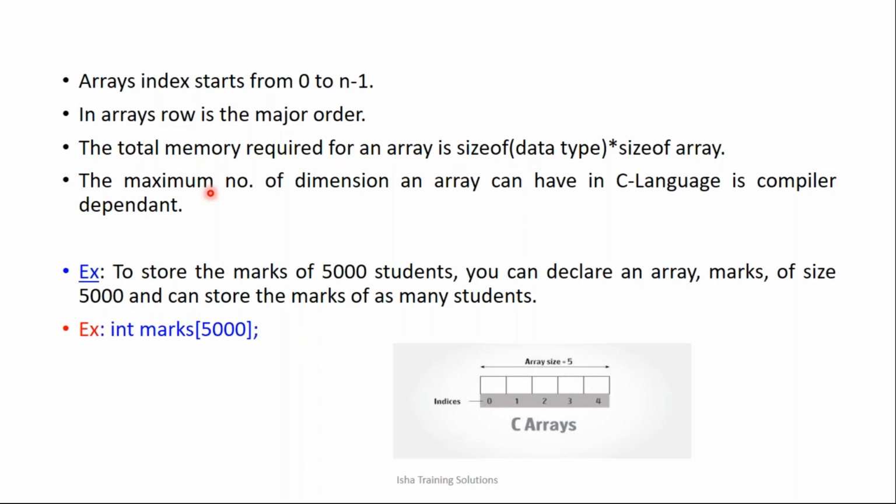The maximum number of dimensions an array can have in C language is compiler dependent. What is a compiler? Compilers are simply the platform where the program is being typed.